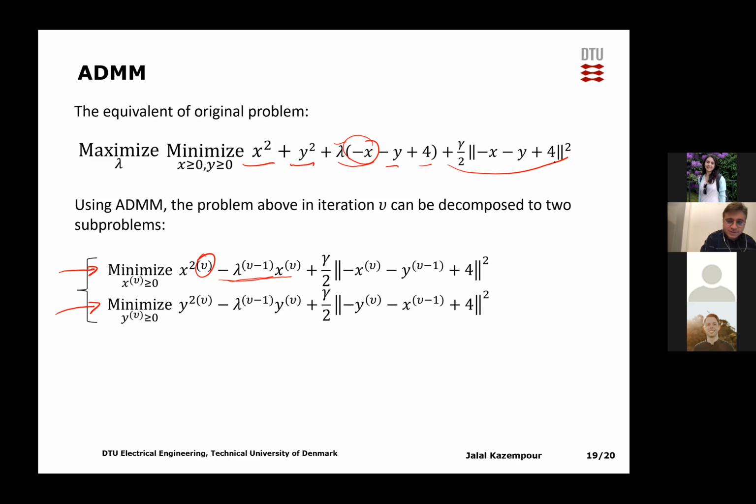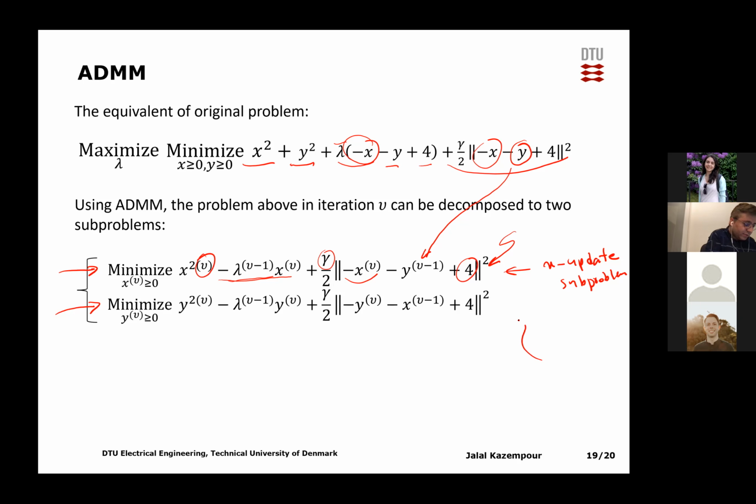Now from this term, gamma is given. Minus x is our current variable in the x update problem. I call it the x update subproblem. Y is a parameter that comes from the previous iteration, and 4 is the same 4. Now this problem is linear in x.